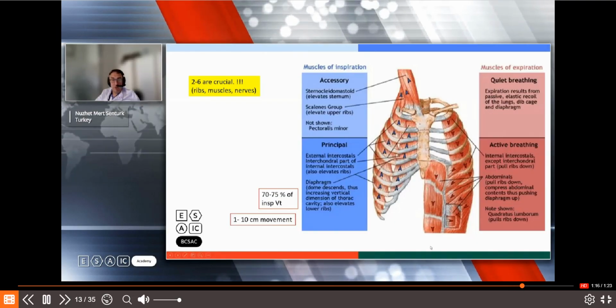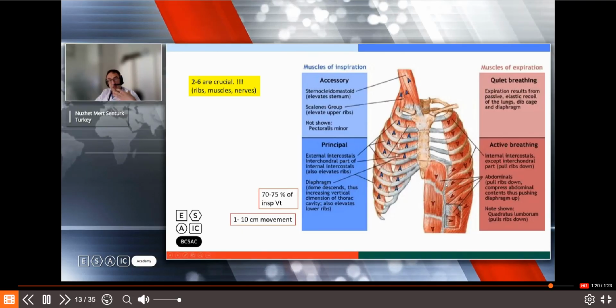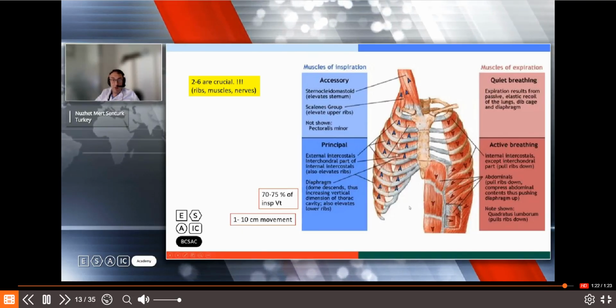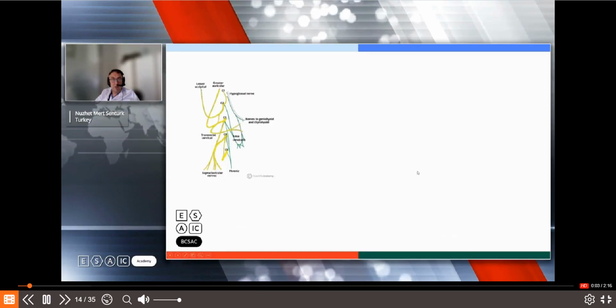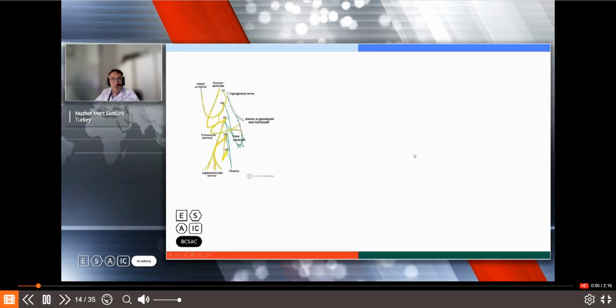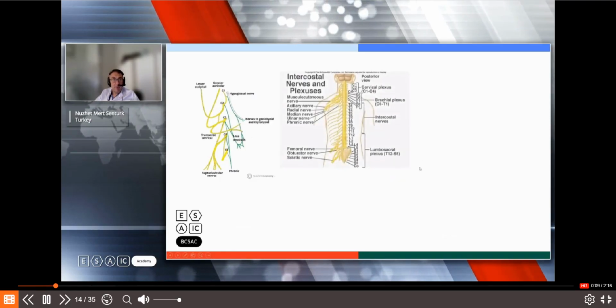Normally, with the movement of the diaphragm, the thorax goes up and the abdomen also goes up. In injuries of the innervation of the respiratory muscles, this can change.